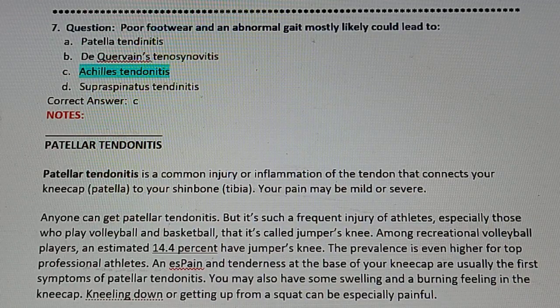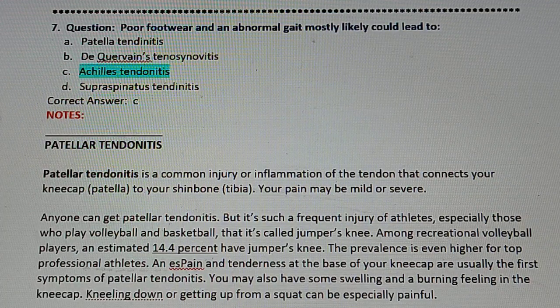Okay, so the number 7 question. Poor footwear and an abnormal gait most likely could lead to letter A, patella tendinitis. Patella is the bony prominence on your knees. Okay. B, de Quervain's tenosynovitis.